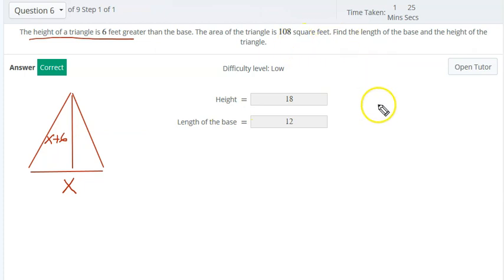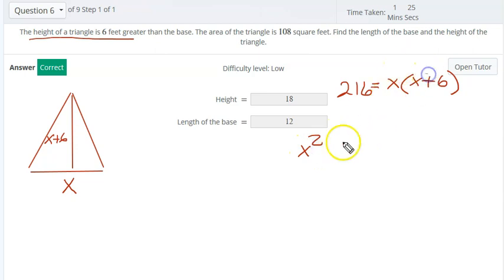And our area formula, to get rid of the 1/2, we're going to double this into 216 is equal to the base times the height. So this will end up being x squared as I distribute plus 6x. Transpose that to the other side, putting it in standard form, and there's our equation.